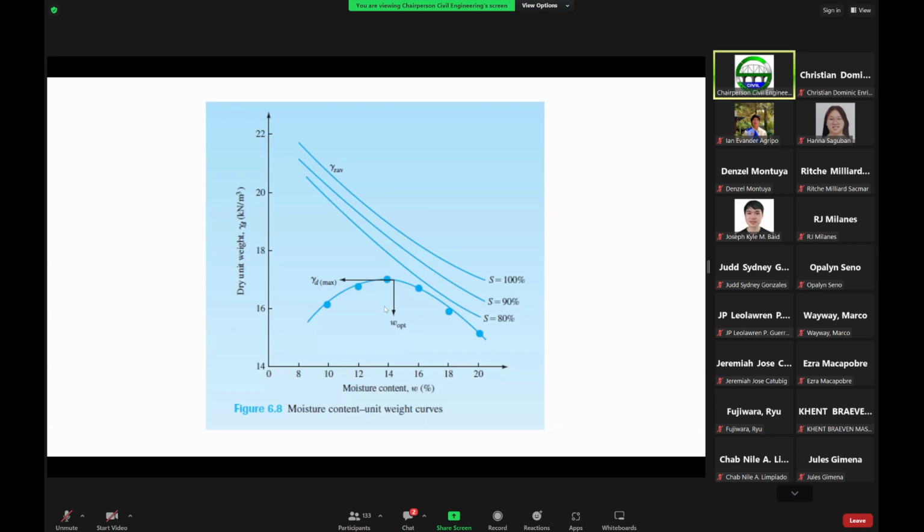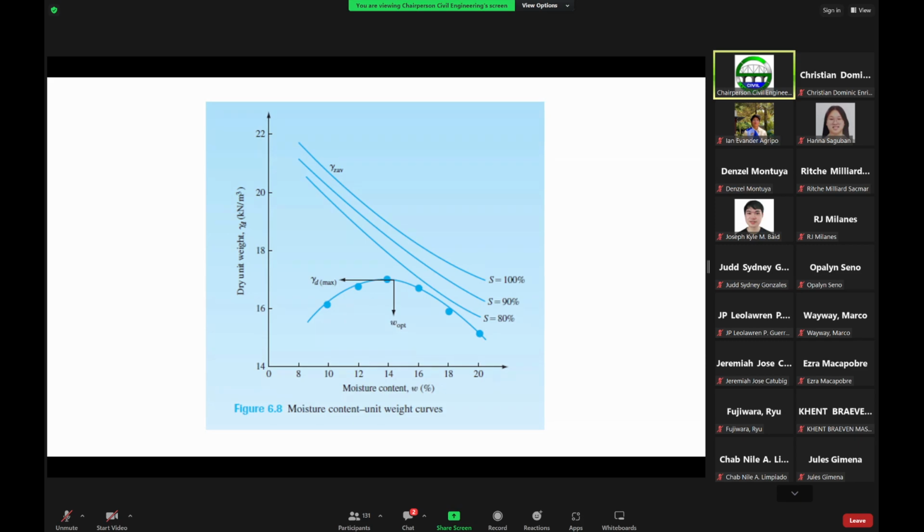So that means it is not necessary that when you achieve the maximum dry unit weight, you're achieving very near the 100% degree of saturation. That means the sample, after achieving the maximum dry unit weight and the optimum moisture content, is still considered an unsaturated soil or a partially saturated soil.